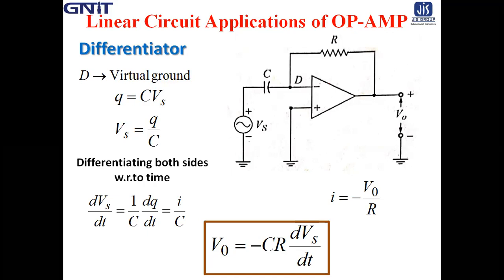The differentiator circuit is formed by replacing the input resistance R1 of the inverting amplifier circuit by a capacitor C, and the feedback resistance RF is denoted simply as R. So it is basically based on the inverting amplifier where only a capacitor replaces R1.